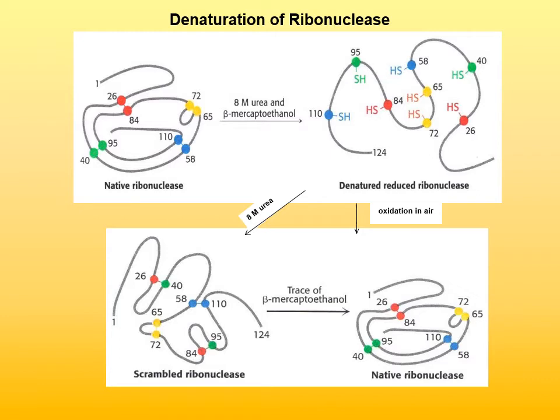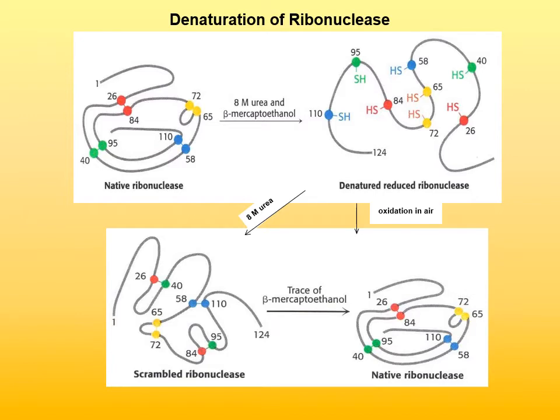Now, if denaturing agents are removed, let's say by dialysis, and then denatured ribonuclease is allowed to oxidize in air. Oxidation restores disulfide bonds. Reduction, of course, would destroy them, would break them up. But oxidation oxidizes these individual SH mercapto groups to disulfide groups.